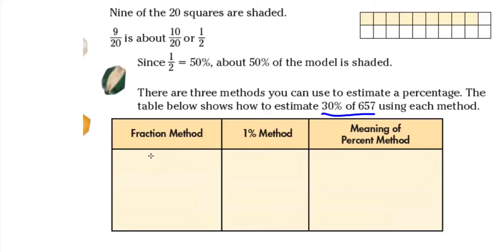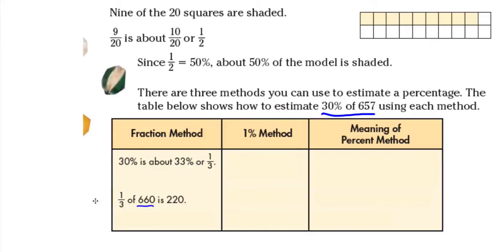It's called the fraction method. 30% of 657: 30% is close to 33.33%. Remember, why do we look at 33.33%? Because 33.33% is also the same as the fraction 1/3. From there we know that 1/3 of 660, because 657 is close to 660.